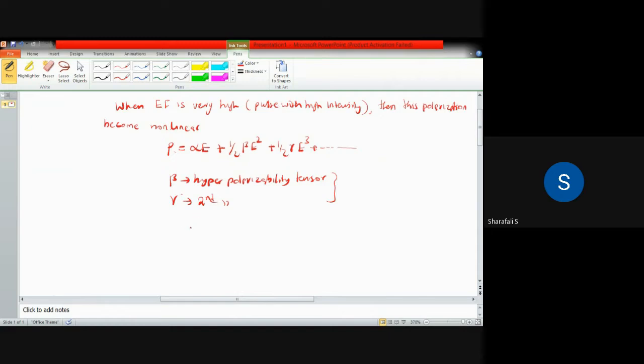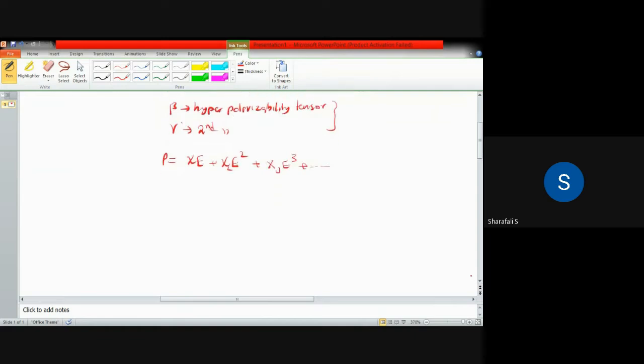With that, we can write P equal to chi1 E plus chi2 E square plus chi3 E cube, and so on.